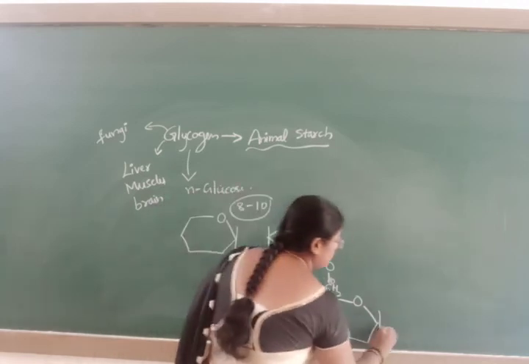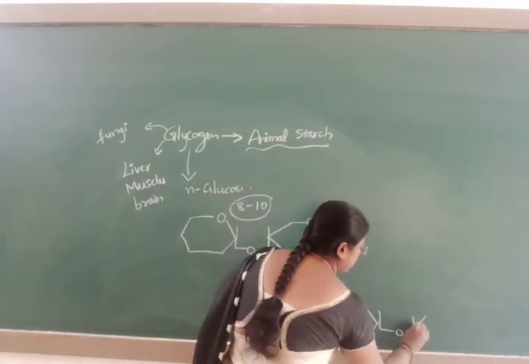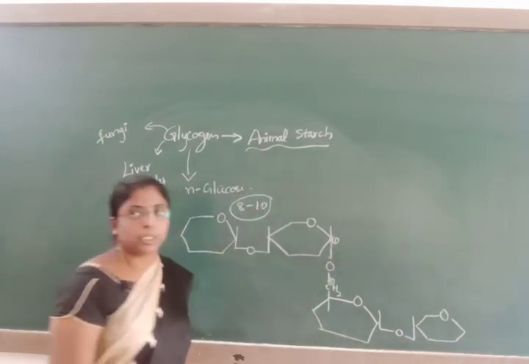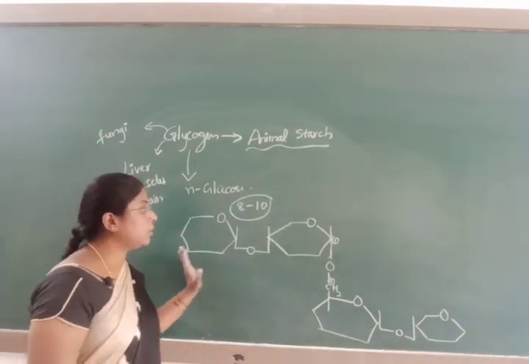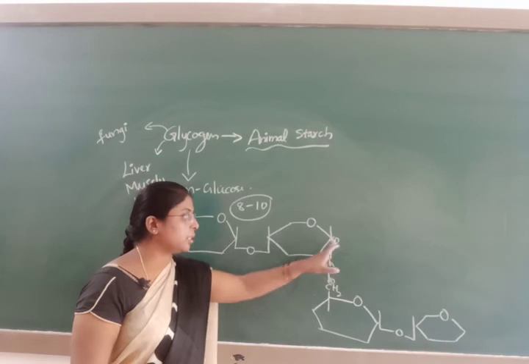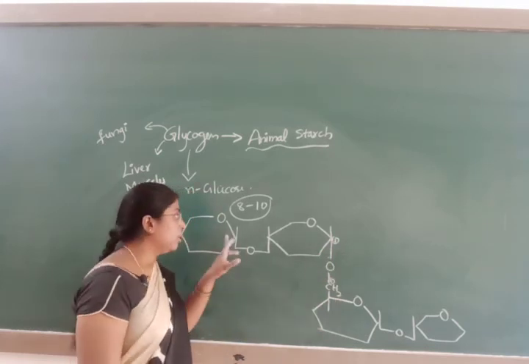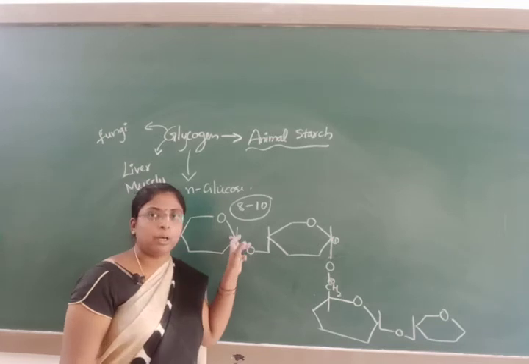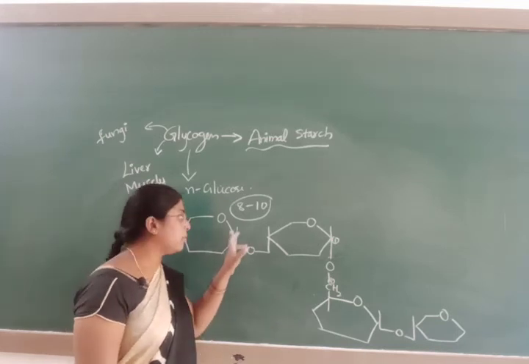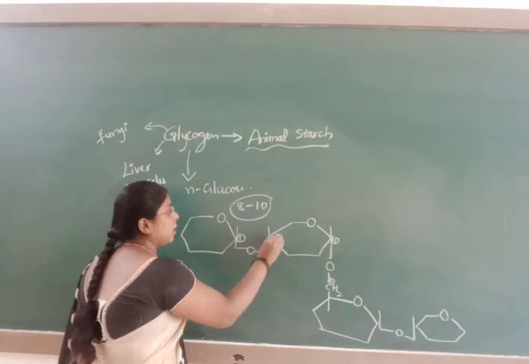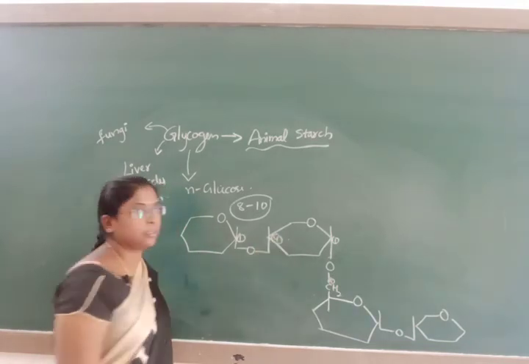Here continuous alpha glucose units are joined together and form a chain. But branching is seen after 8 to 10. After 8 to 10, C1 C6 alpha glycosidic linkages are seen. Between these two alpha D glucose units, what type of linkage is it? This is a C1 C4 alpha glycosidic linkage.